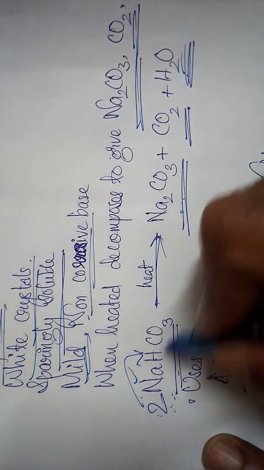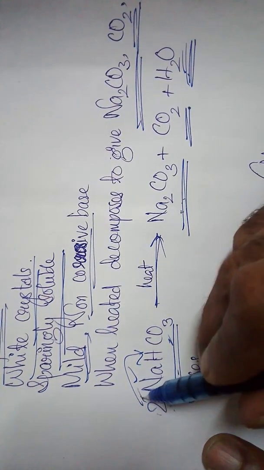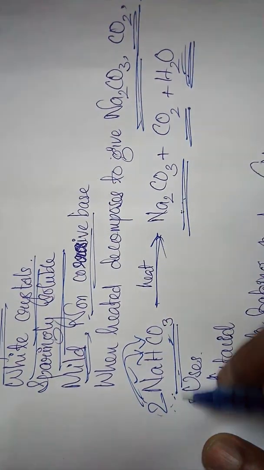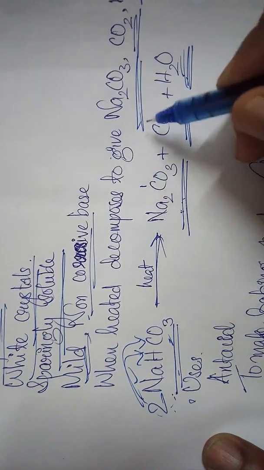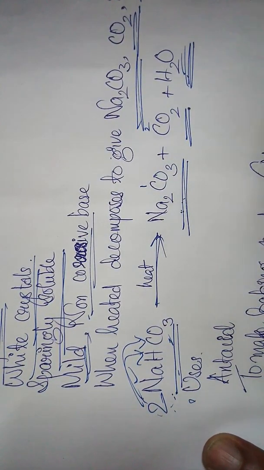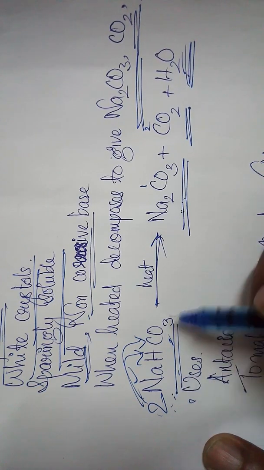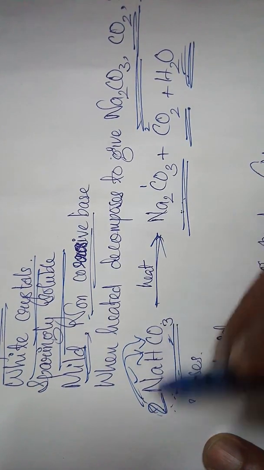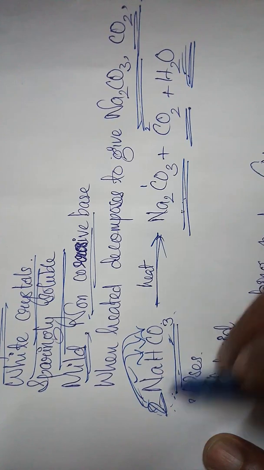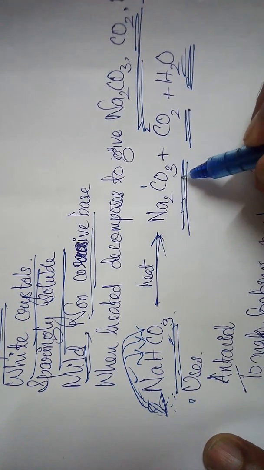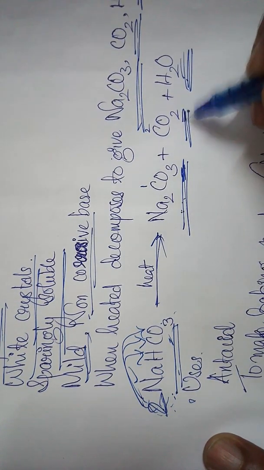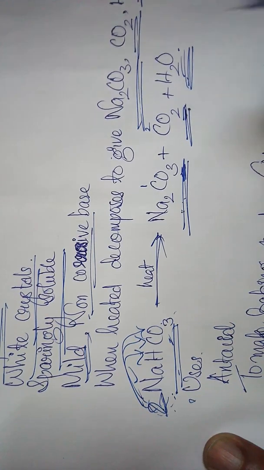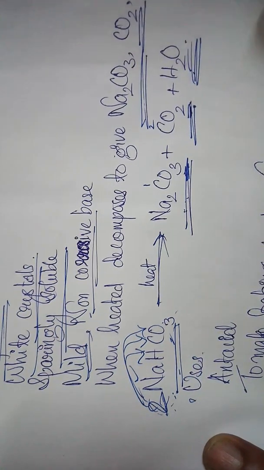This is balanced. How many carbons here? 2 carbons on the reactant side. How many carbons here? 1 and 2, so 2 is here, so it is balanced. And how many oxygen are here? 2 into 3, that is 6. Here it is 3 plus 2 is 5 and 1 is 6, so it is a balanced equation.